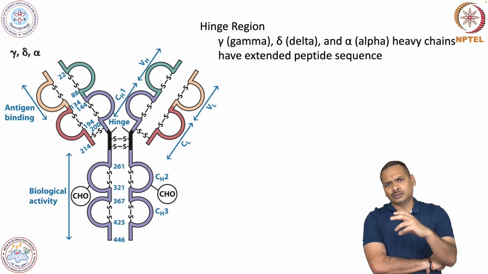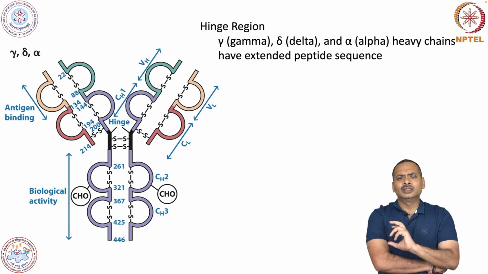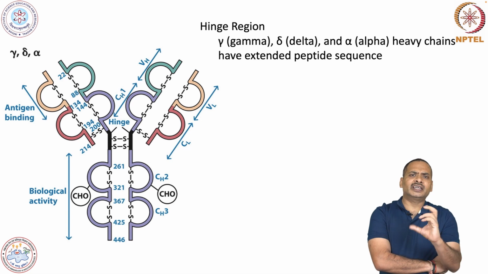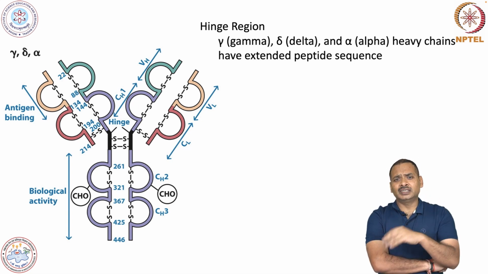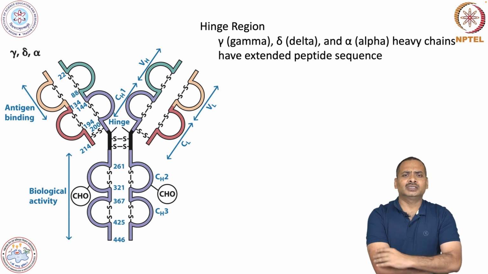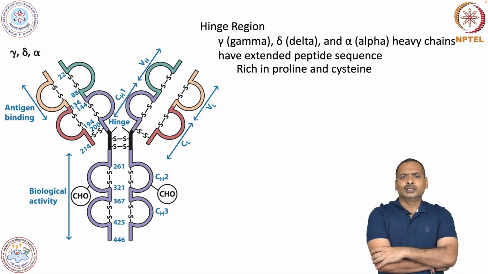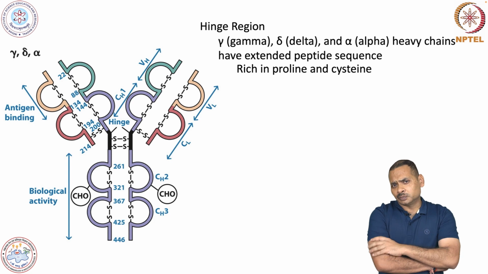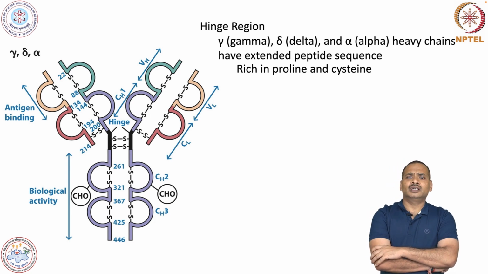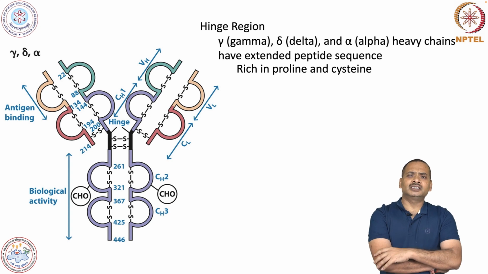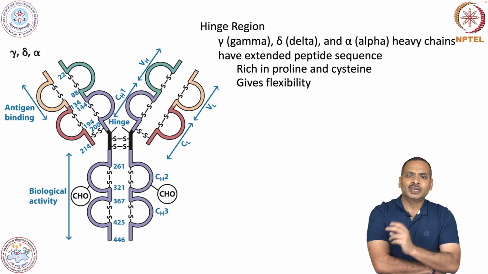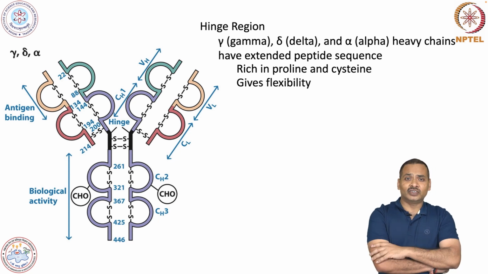The hinge region has an extended stretch of amino acids with characteristic residues. This hinge region is rich in proline and cysteine. Since it is rich in proline and cysteine, it has more flexibility, and it can also make more disulfide linkages.